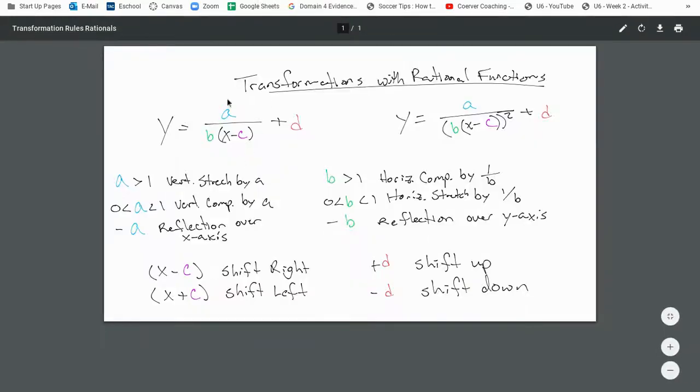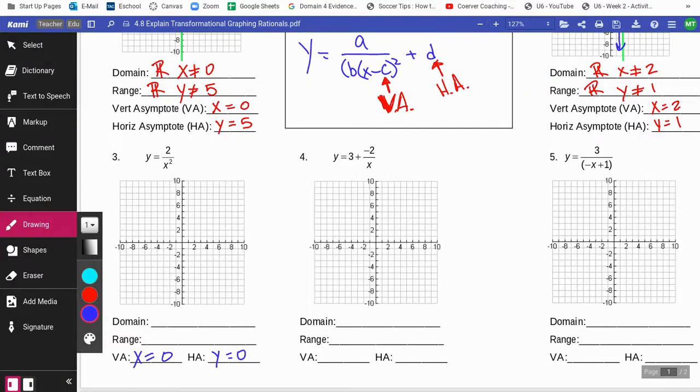Well, look what happened. The a value is what's different. A is now greater than 1 because it's a 2. So we have a vertical stretch by 2 because of that number right there.